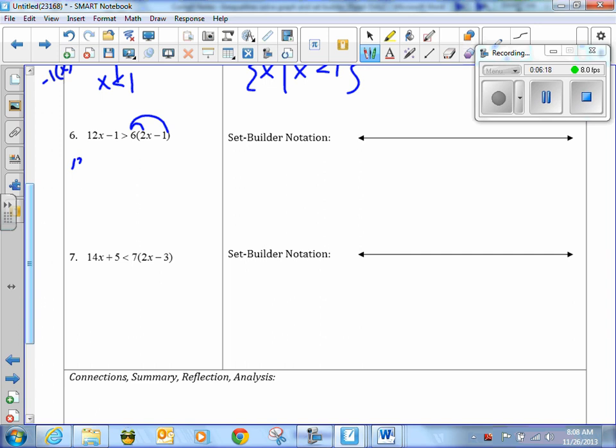So I have 12x minus 1 is greater than 12x minus 12. So here we go, we take 12x away from both sides, and I have negative 1 is greater than negative 12.